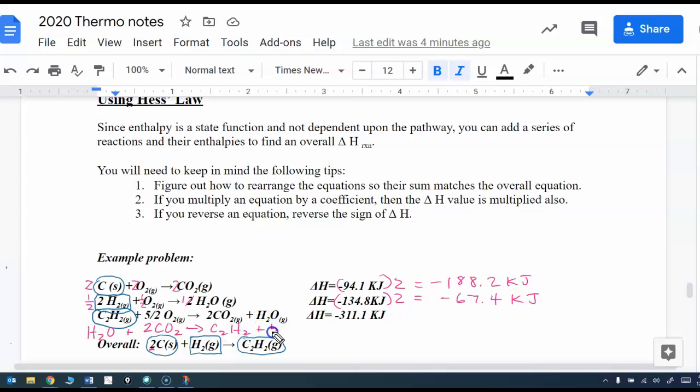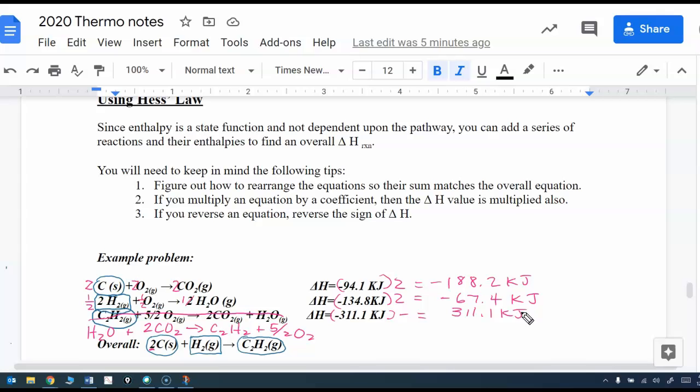So I end up with this. And that means that this reaction, I'm going to cross it out for my own sanity, has to get multiplied by negative 1. So I'm going to come out with a positive 311.1 kilojoules.